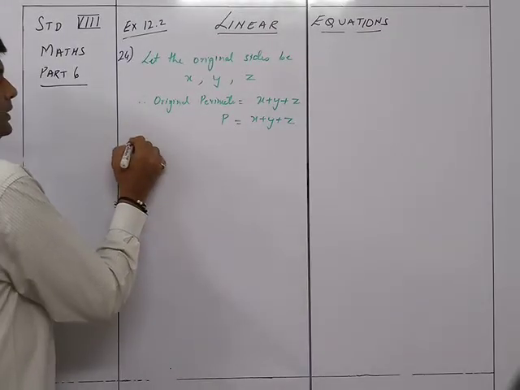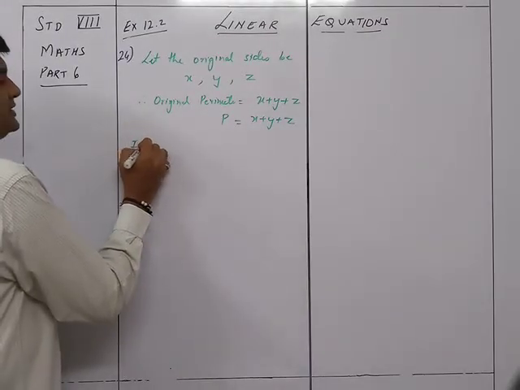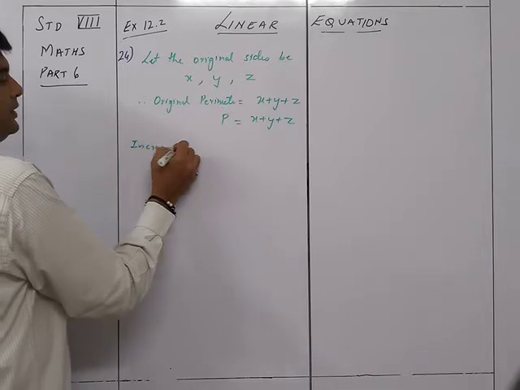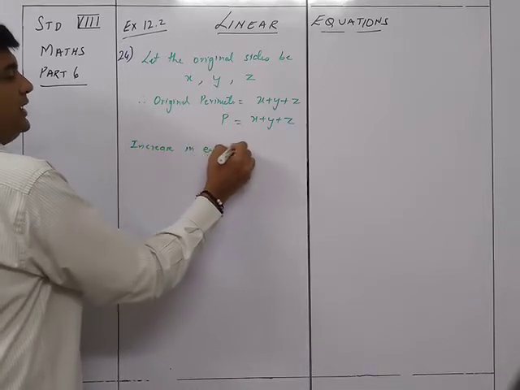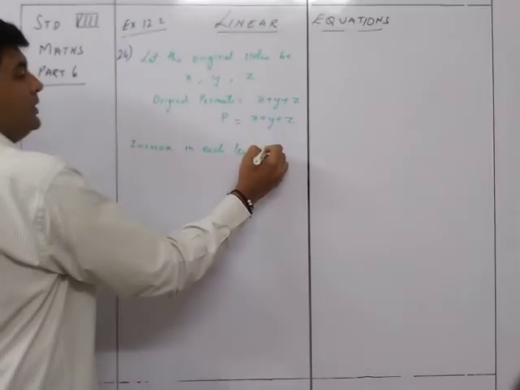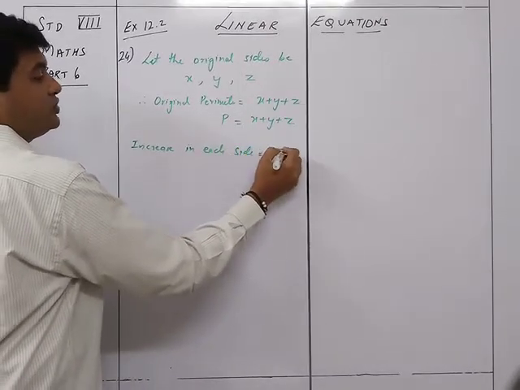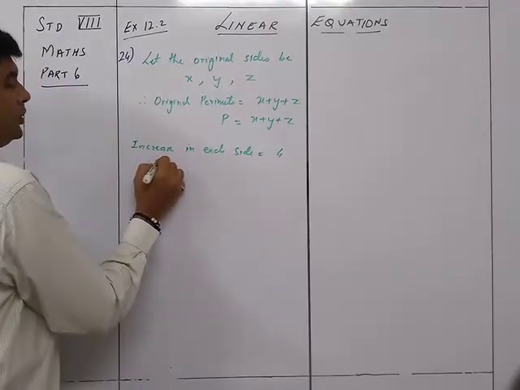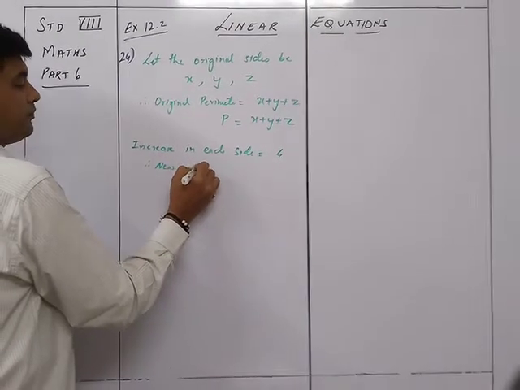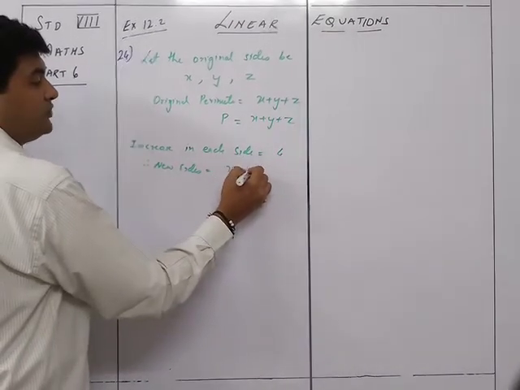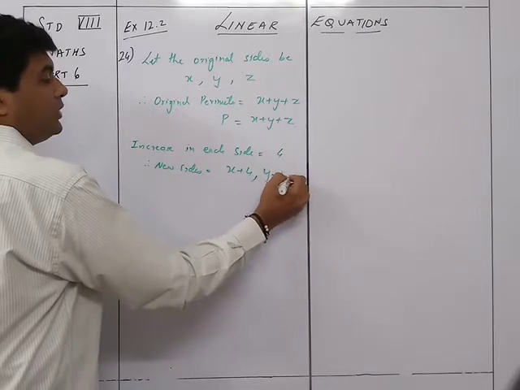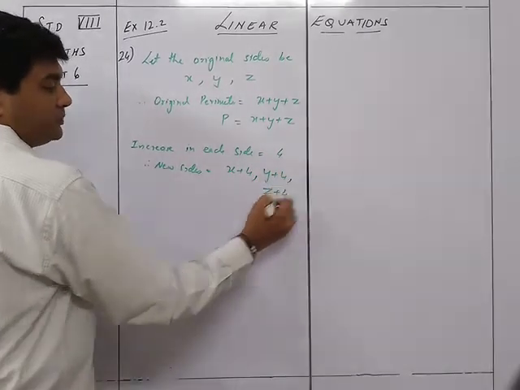Now, increase in each length or each side is equal to 4. Therefore, new sides are x plus 4, y plus 4 and z plus 4.